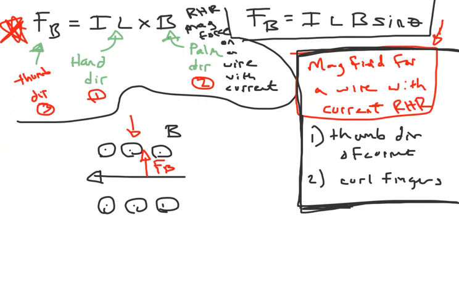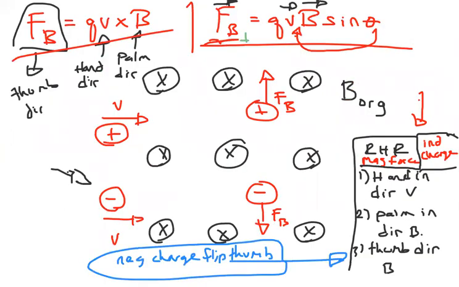Okay. So just like before, right? Because this is a cross product, we know all these things are going to be perpendicular.